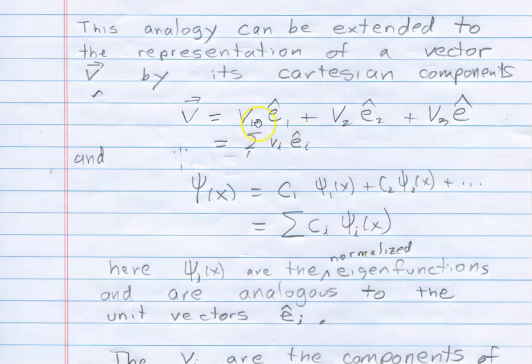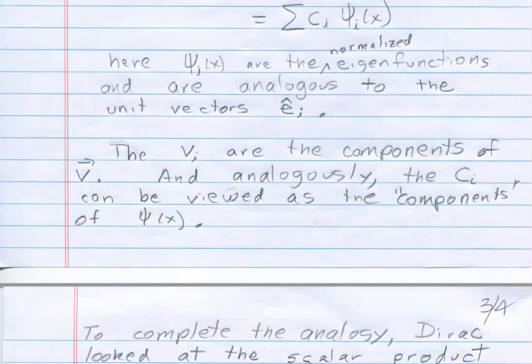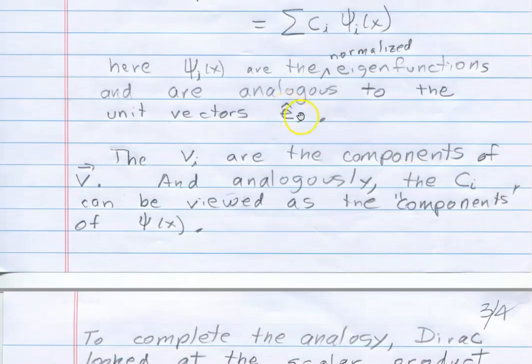Like up here, the vi are the components on the basis set of unit vectors. Well, we've done things like that, and so the analogy extends into that.